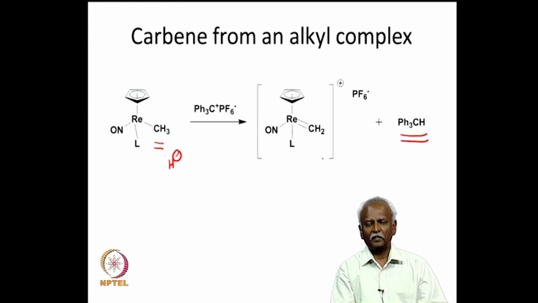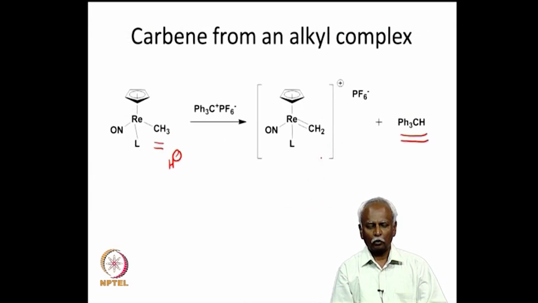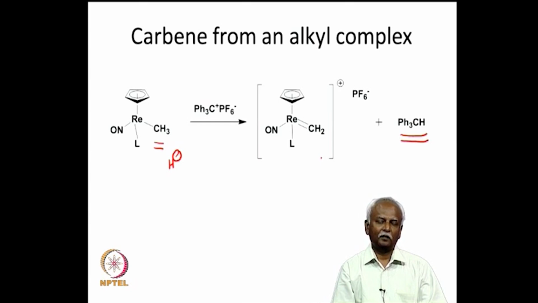So, in both instances we have in fact treated the molecule either with a proton, and that is what we did here, or we have treated the molecule with a species which will remove a hydride, H minus, to generate a positively charged rhenium complex which is bearing a carbene.